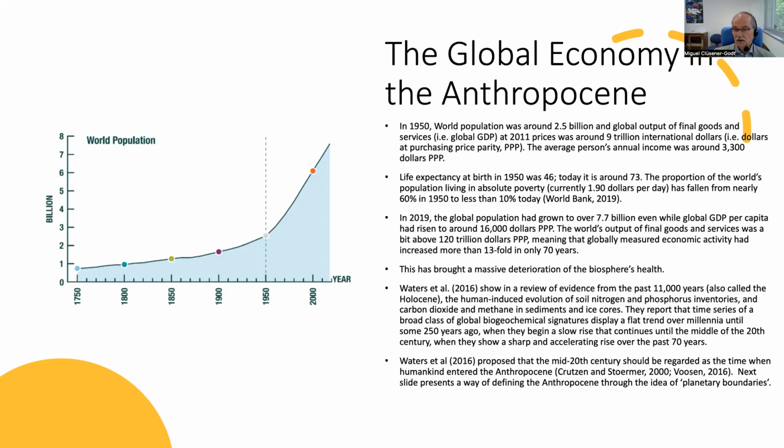And the GDP per capita was $16,000 in PPP. So when you calculate this for the global population, it is $120 trillion PPP. That means that the economic activity has increased in these 70 years by 13 times. Again, very positive. Well done.